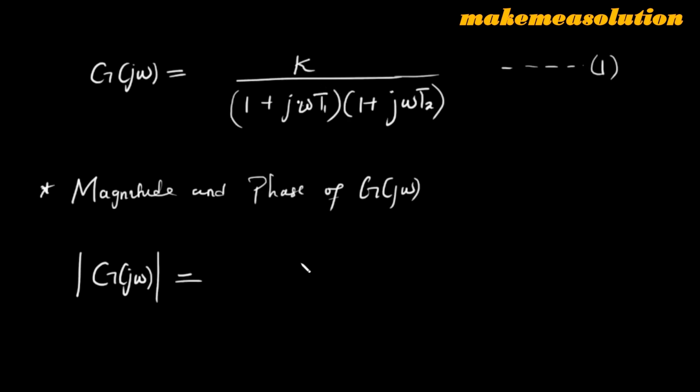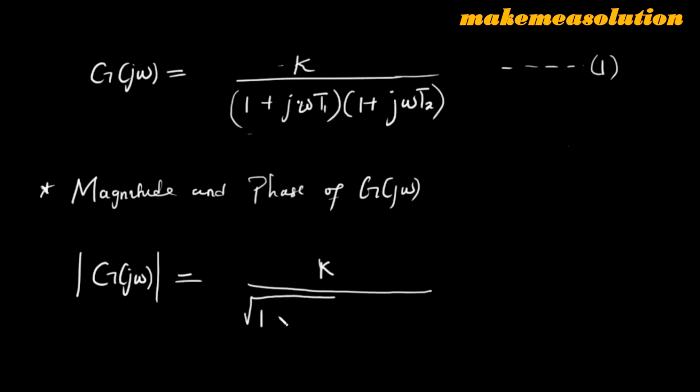So the magnitude of the numerator, first of all, the magnitude of K is just simply K. If it was minus K, it would become K, okay? Because magnitude is like absolute value, or magnitude is the square root of something squared, so you just have K there. Then in the denominator, the magnitude of this complex number is the square root of the sum of the squares of the real and the imaginary part.